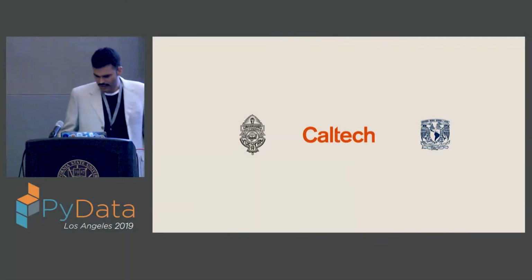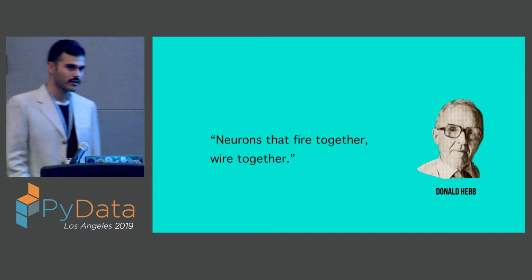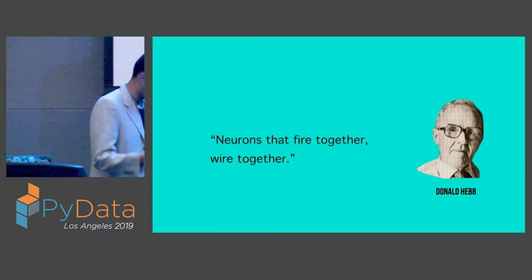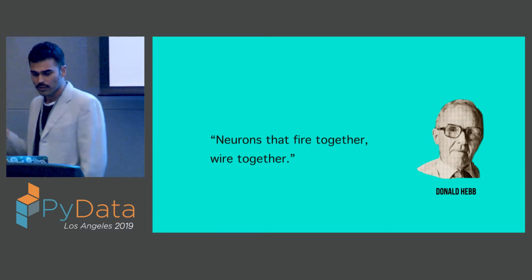Out of curiosity, does any one of you know who this guy is? Given that we're at PyData and we have learned a lot about neural networks today, this guy is Donald Hebb, and he was one of the pioneers in thinking about artificial neural networks.